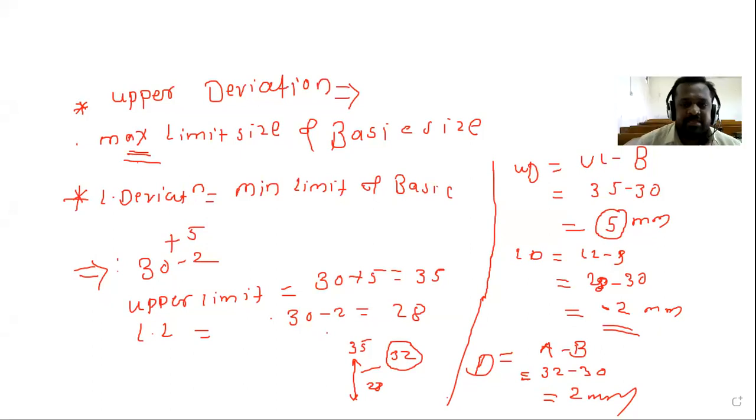And lower deviation is the lower limit minus basic size. Up till now, any doubt, any problem? Can I take the next point?